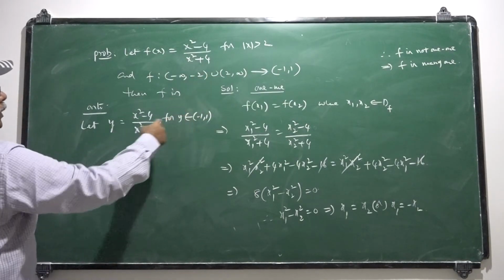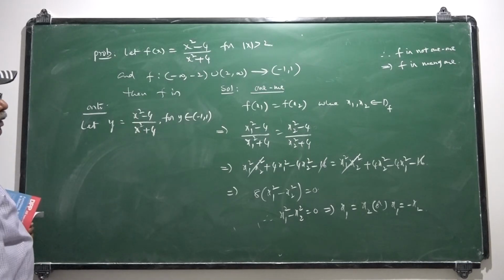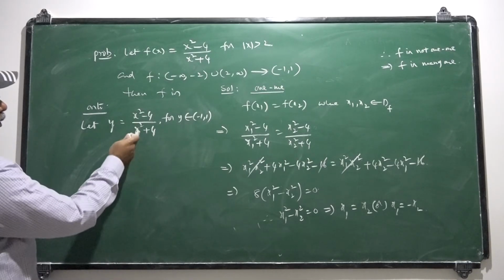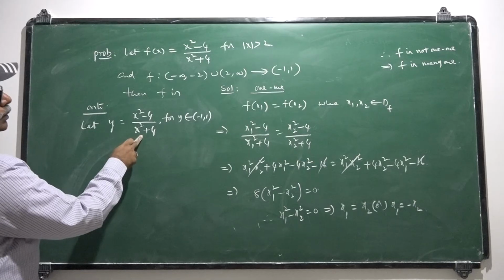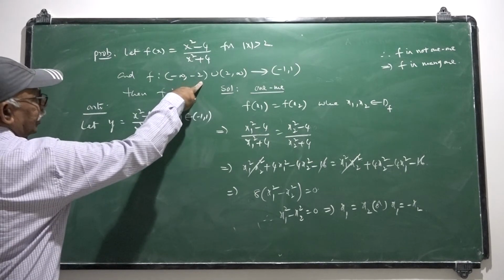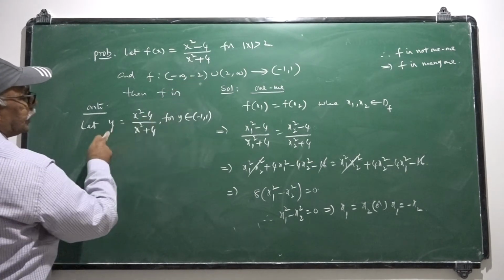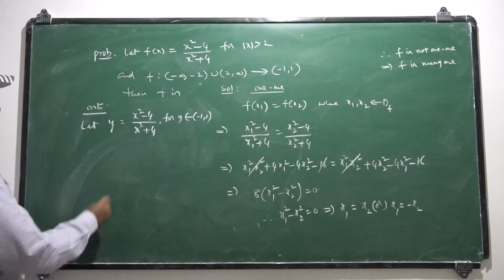Y lies between minus 1 and 1. Let us consider y as (x square minus 4) by (x square plus 4). Find x in the domain of the function such that this relation follows.